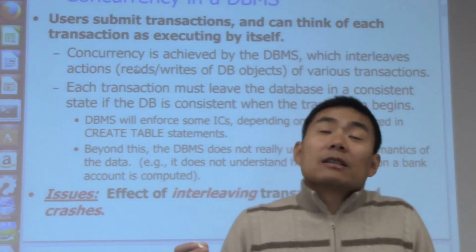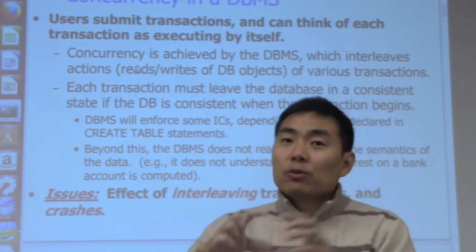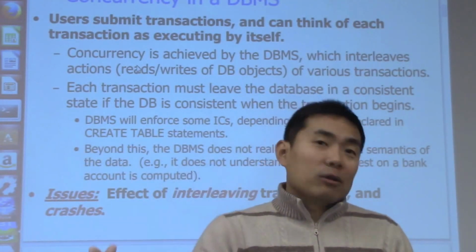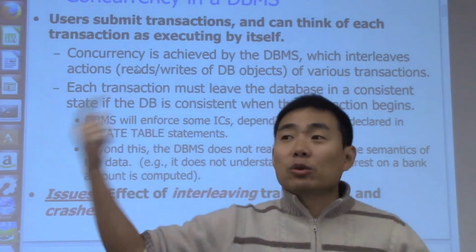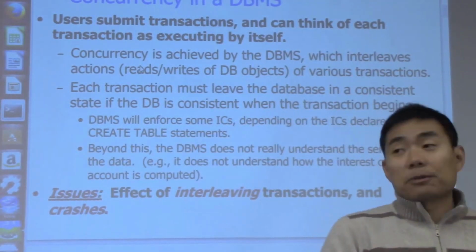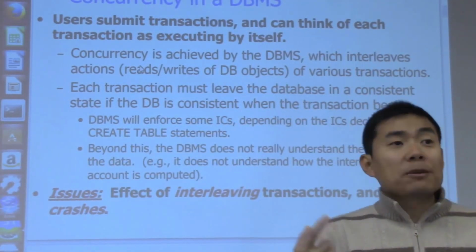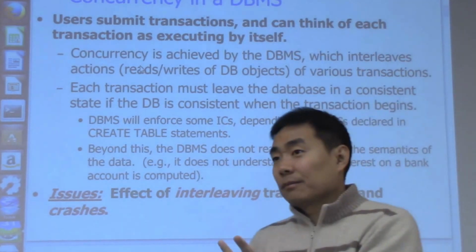Database doesn't really understand what's the point of you reading this value? What's the point of you writing this value from 100 to 150? What does it mean by changing this value from 200 to 2 million? I don't really care. All I know is you are trying to update the value of this object. The specific semantics, database does not understand and database doesn't care.